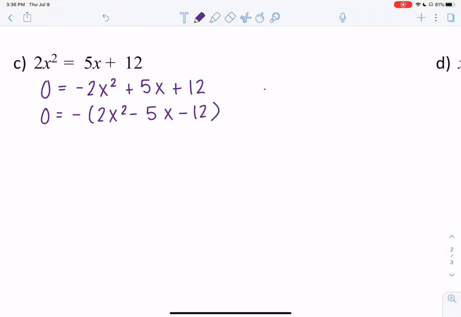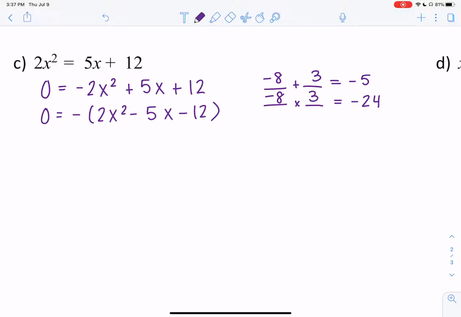So I need two numbers that add to negative 5 and multiply to negative 24. That will give me negative 8 and 3.